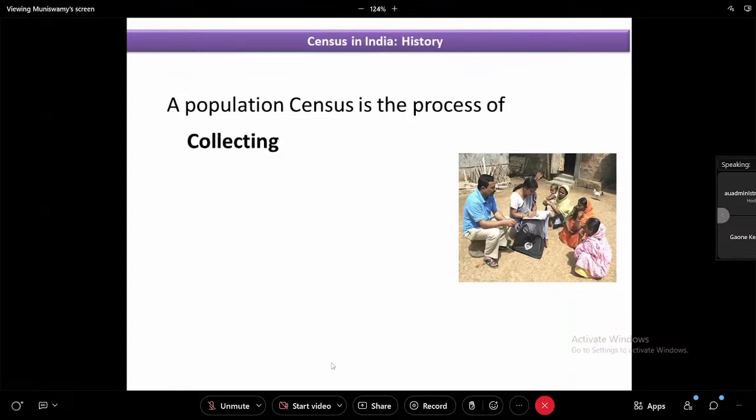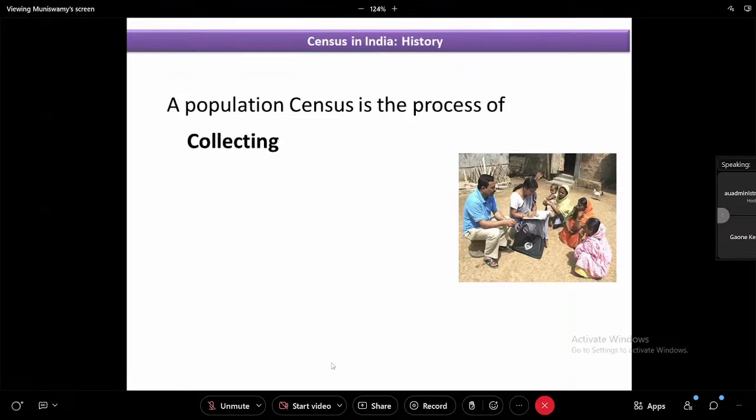For example, children's growth rate. The growth rate is increasing or decreasing as days increase. How it is. So this type of data is collected.